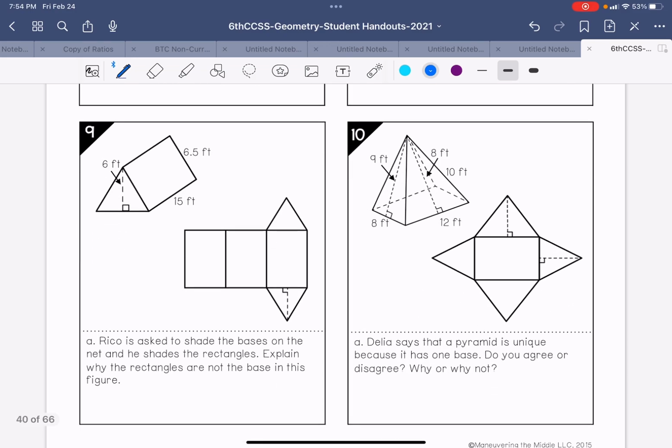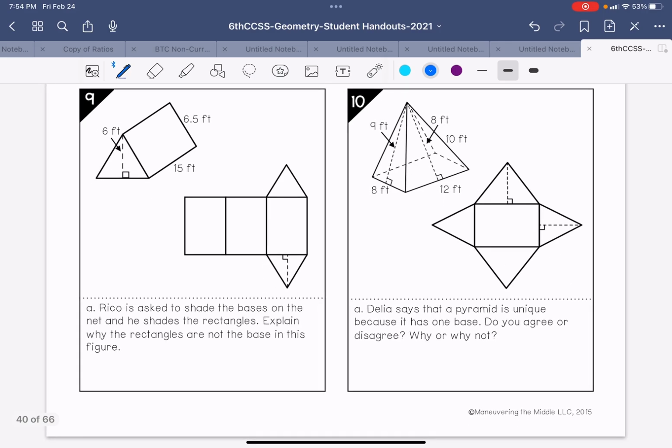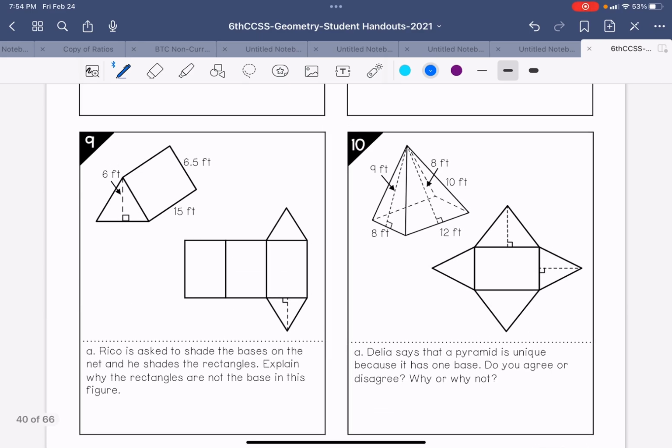Number 9. Rico is asked to shade the bases on the net and he shades the rectangles. Explain why the rectangles are not the base in this figure. First of all, if I look at this figure, what is it? This would be a base and this would be a base. So what is it?